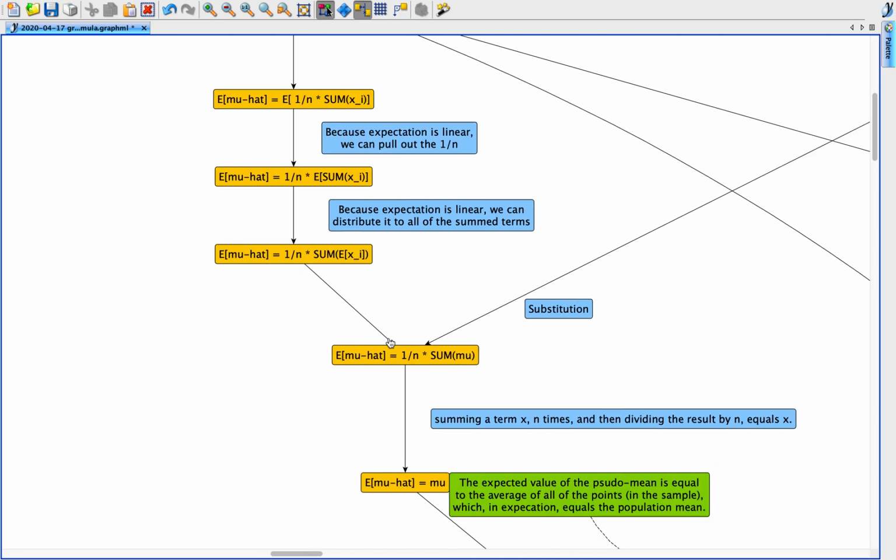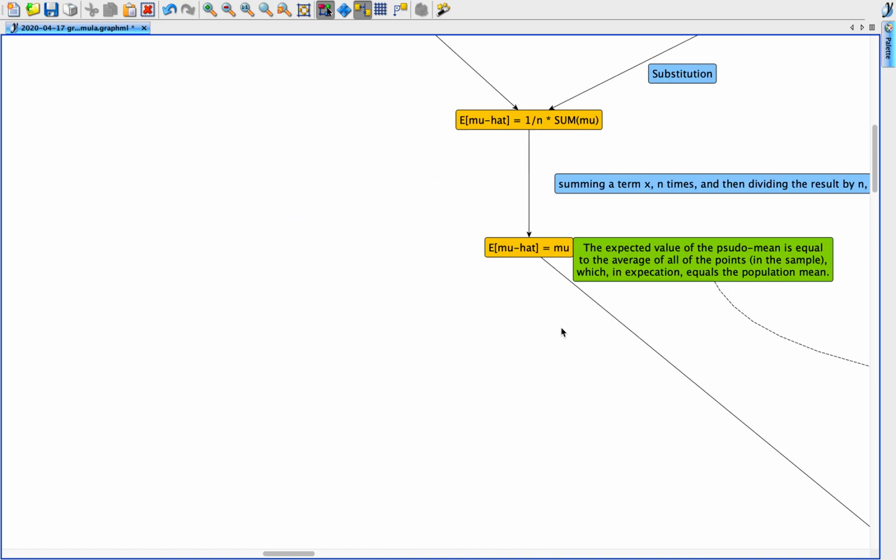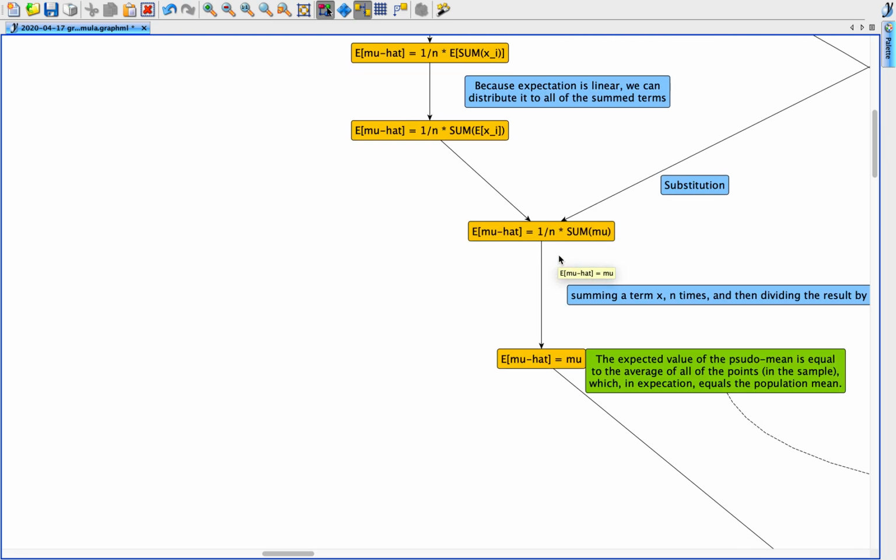This leg of the proof is trying to show that the expected value of mu hat is equal to mu. Note that doesn't mean it is going to be exactly equal to mu, just that in expectation it's going to be equal to mu. Assuming the population is symmetrical, mu hat is as likely to be above mu as it is to be below mu.